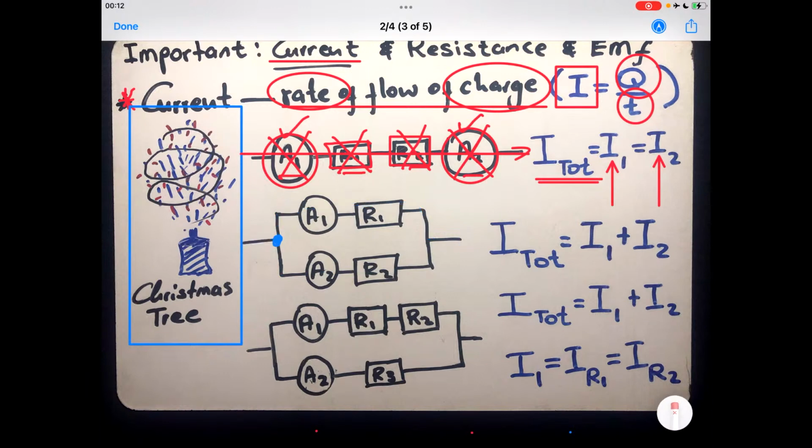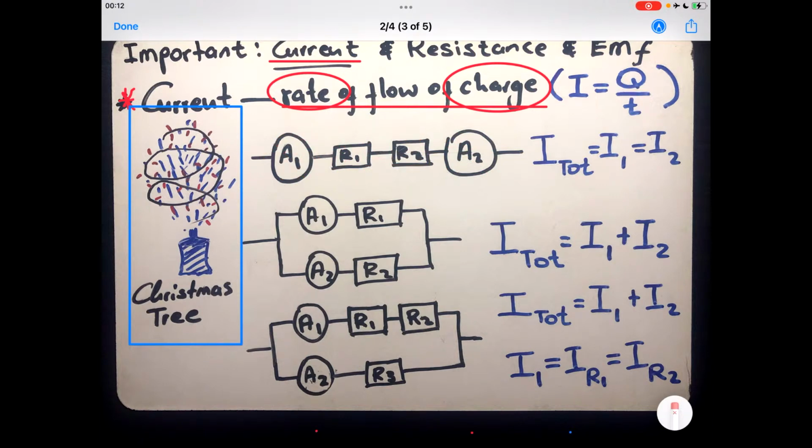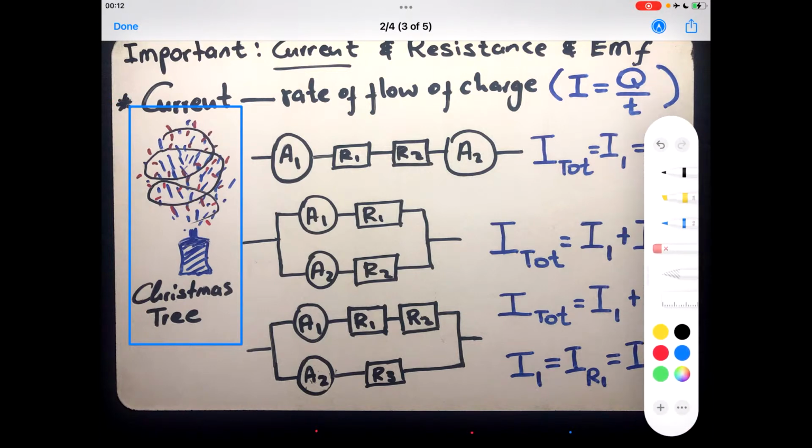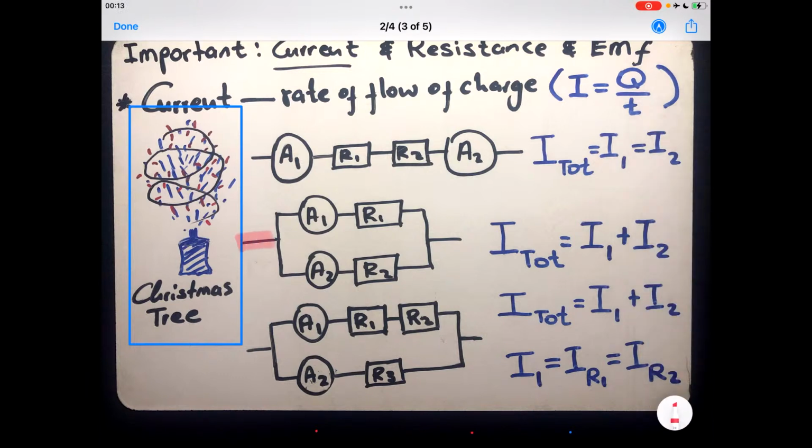Let me remove all of that, because all of that has been explained. I will still remember to explain that Christmas tree there. Okay, there you are having your current flowing, and then when it gets to that point, it splits.